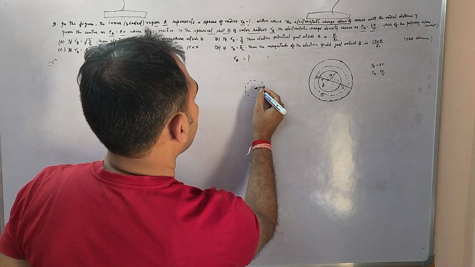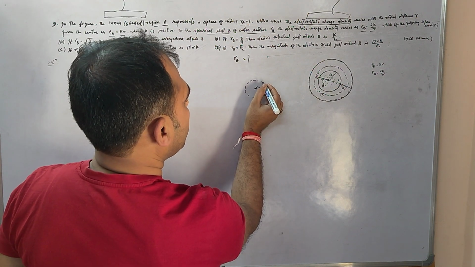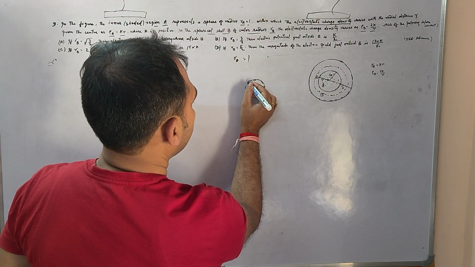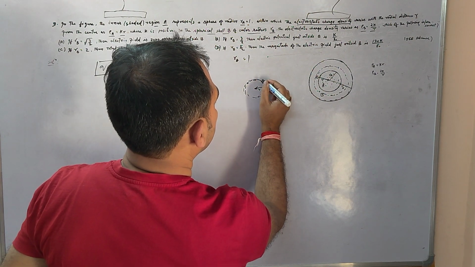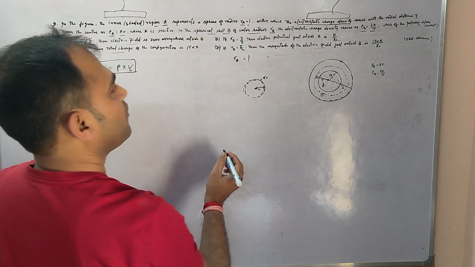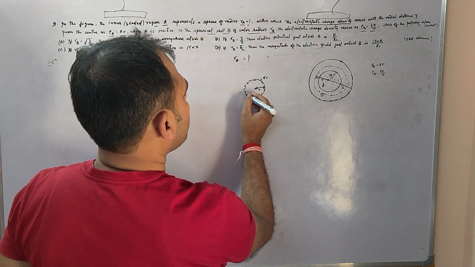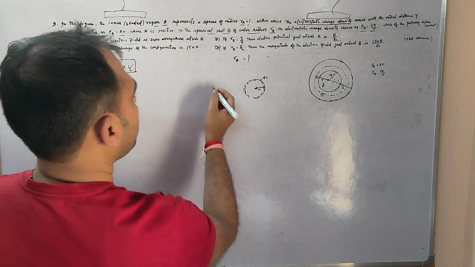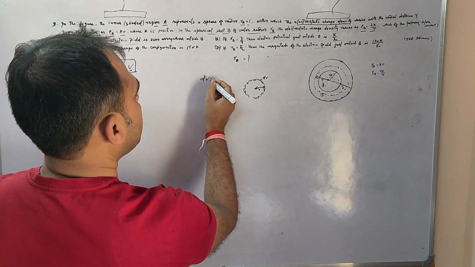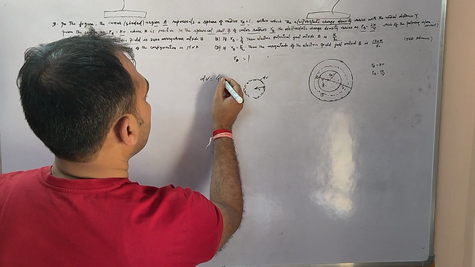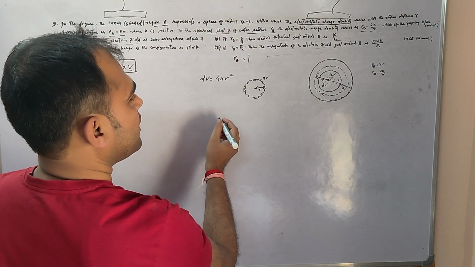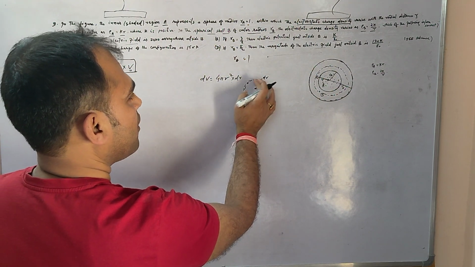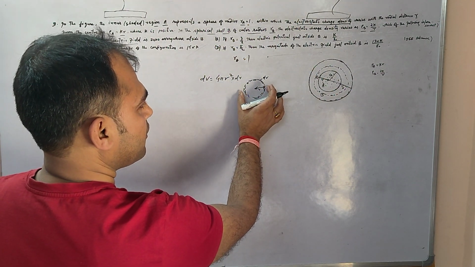Also very thin, so its width is infinitesimally small, that is dr. So what will be the volume of this thin hollow sphere? dV is equal to 4 pi r square, the surface area, into dr, the width of this thin shell.